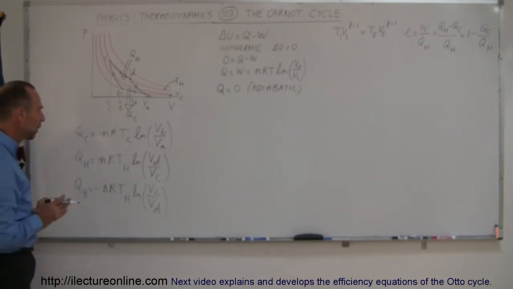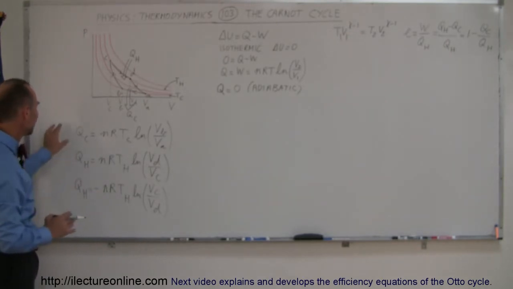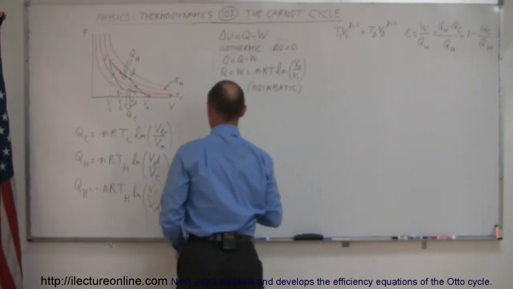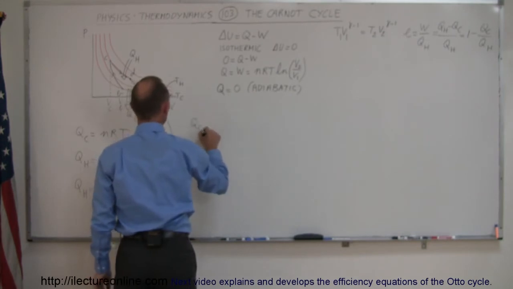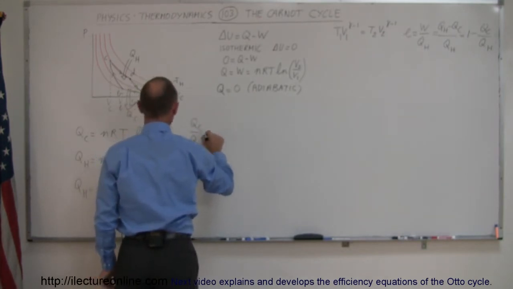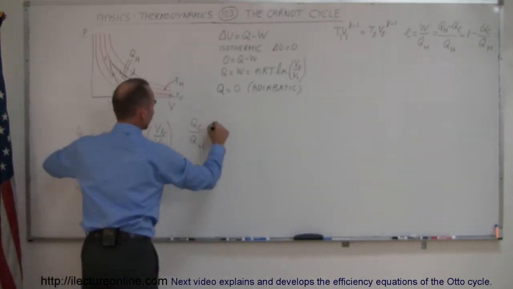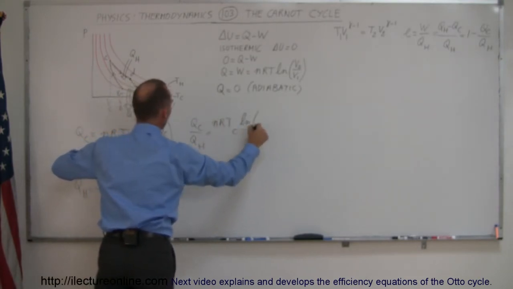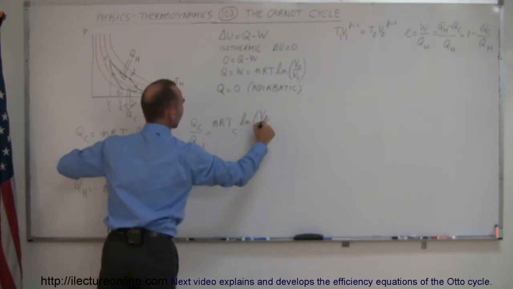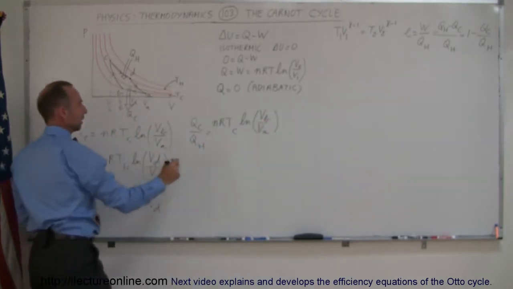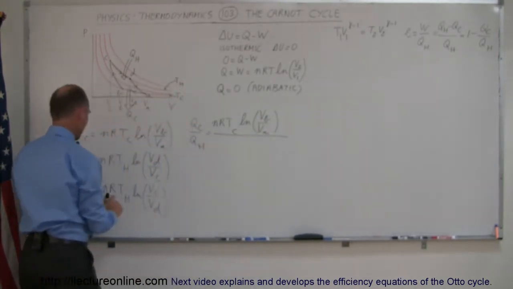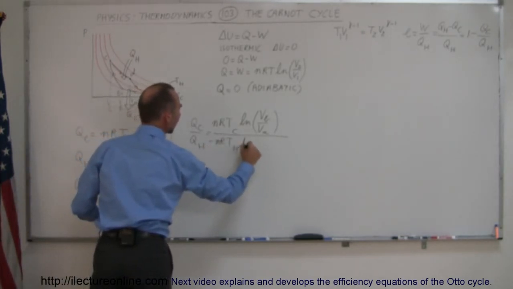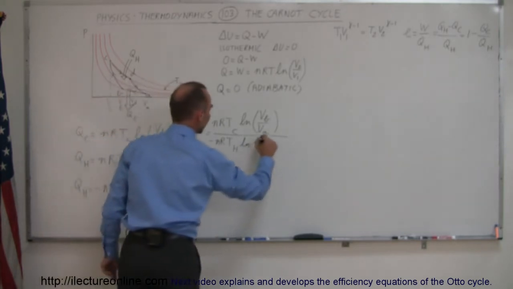And again, there's a reason why we did that, because the next step, we're going to divide Q cold by QH to get that right there. So Q cold divided by QH can now be written as this right here, which is nRT cold times the natural log of VB over VA, divided by the negative of nRTH times the natural log of VC over VD.